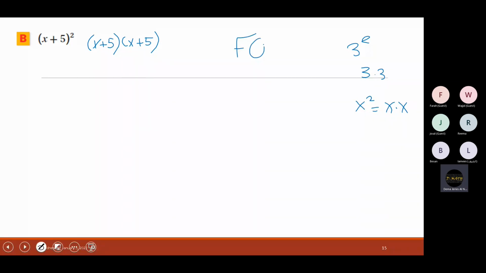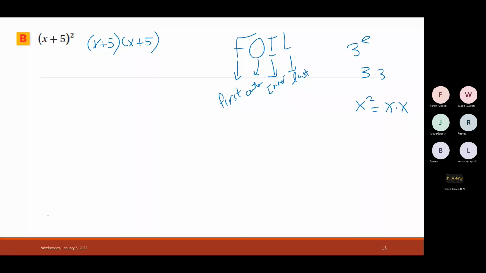FOIL. Remember that. F is for first, O outer, I inner, and L is the last. Now here we have x plus 5 and x plus 5. Where are the first terms here? Look at the first bracket. Where's the first term?